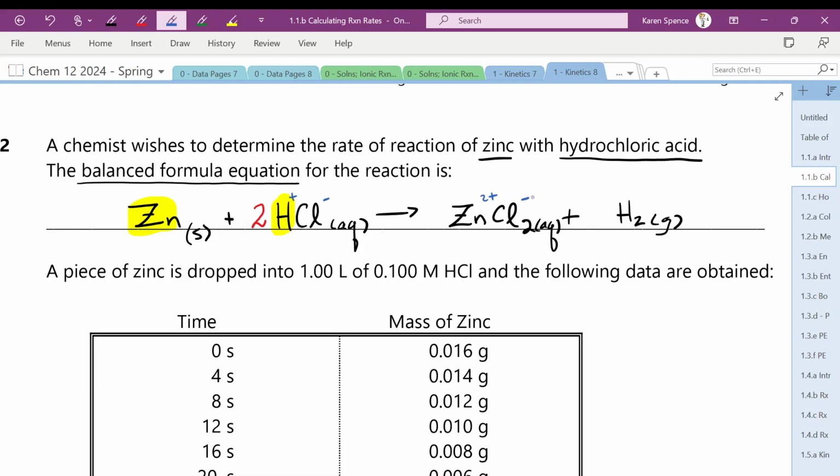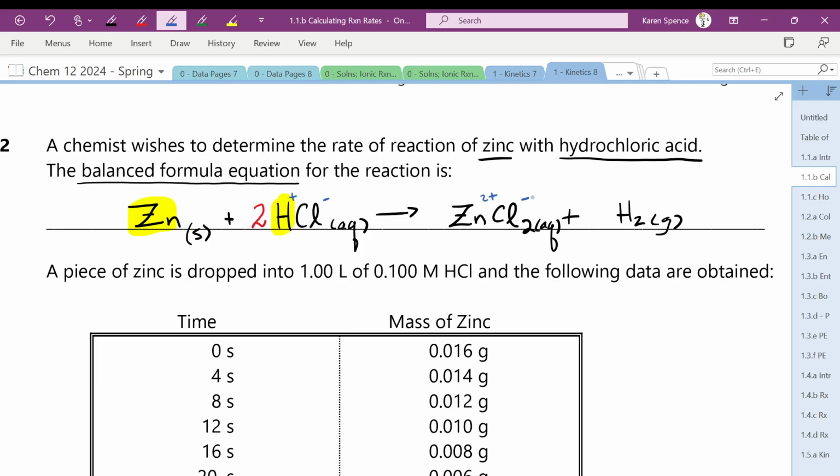Why can we measure mass of system? The mass of the reactants is equal to the mass of the products. So why is it, though, that the mass of the entire system will change over time here?